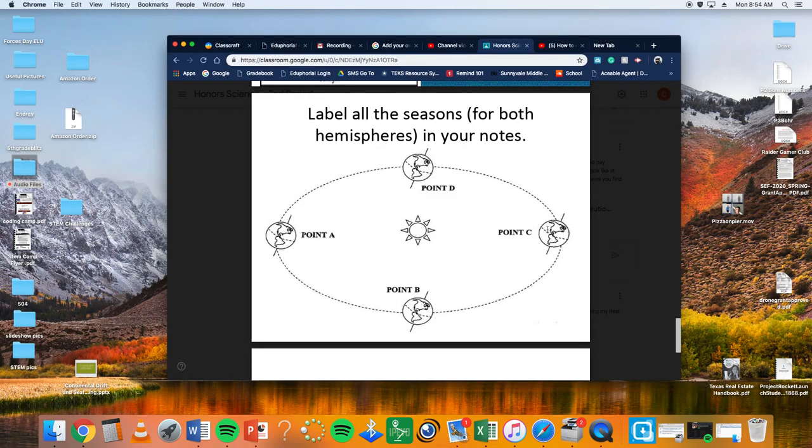So now, whereas the North Pole was getting 12 hours of daylight, now it's at 0. Now the South Pole is getting the 12 hours of daylight. And it just flips. So 24 to 12 to 0. And over here, 24 to 12 to 0. See how that works?